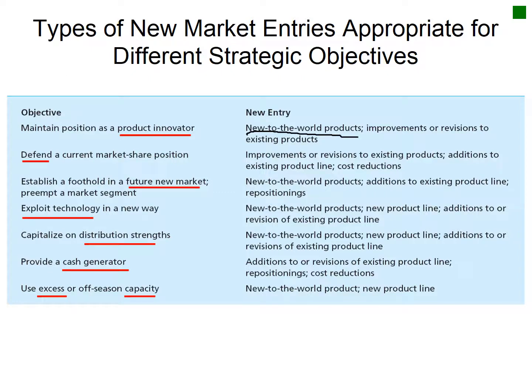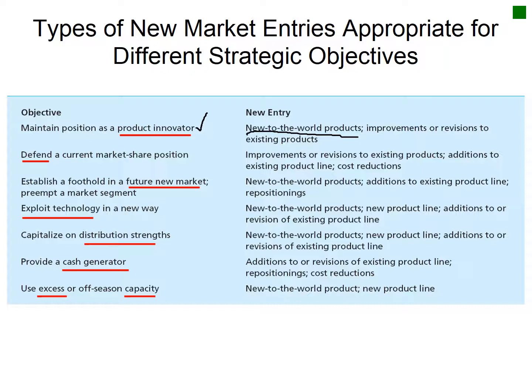So you remember the new to the world products, and improvements or revisions to existing products as well. If we want to maintain our position as a product innovator, we need to be innovative, right? We need to do new things for the marketplace and for ourselves. So that would be represented in a lot of these characteristics of products that we're entering into the marketplace. We also think about defending our position and market share during the growth period, right? In that shakeout period, we want to be able to do that.